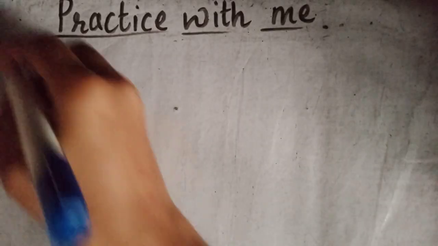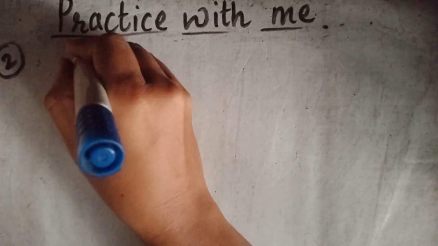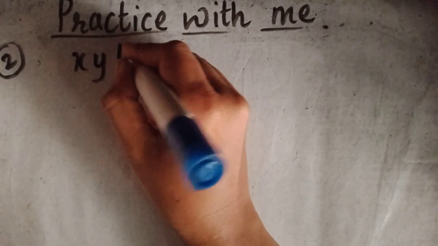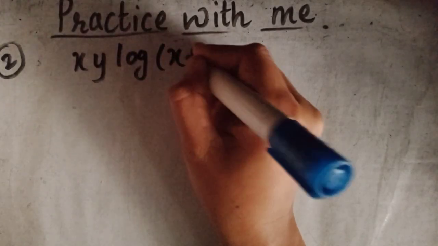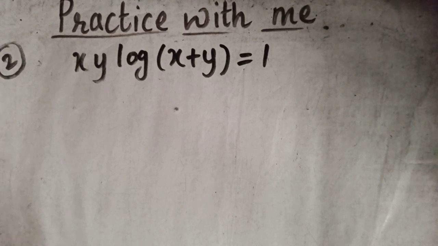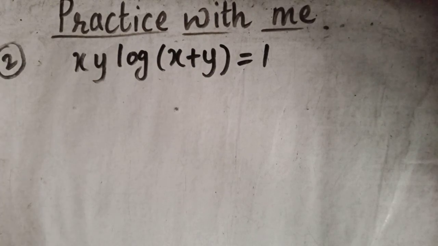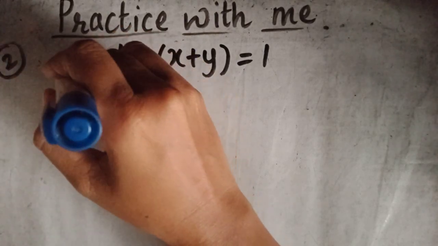In the next question, you have to find dy by dx when this is given: log of x plus y equal to 1. Now this is again an implicit function, that is y is there in between this, so I'll take this as u, this as v.